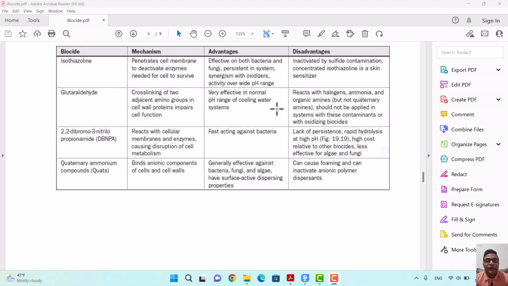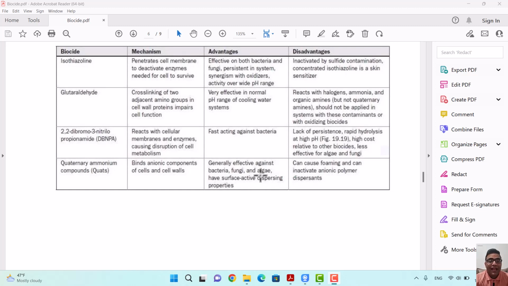And when you use quats, since they have some surface active properties, the demand for biodispersants reduces, and it is a good thing. Because biodispersants create some foams when they are added to the systems, and because of those foams, they reduce the tension between the surface and those scales.